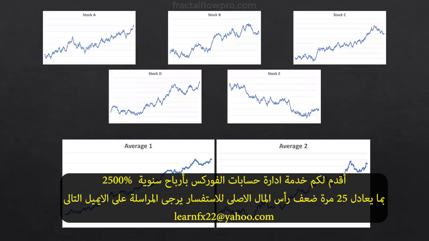In this example, we are only using 5 stocks. The Dow Jones Industrial Average uses 30 stocks, so the effect of each stock in the average is much less powerful. That's the advantage of using an average. It smooths out the noise created by stocks that are going in the opposite direction of the market in general. That's what Charles Dow meant by the phrase that stock averages discount everything.